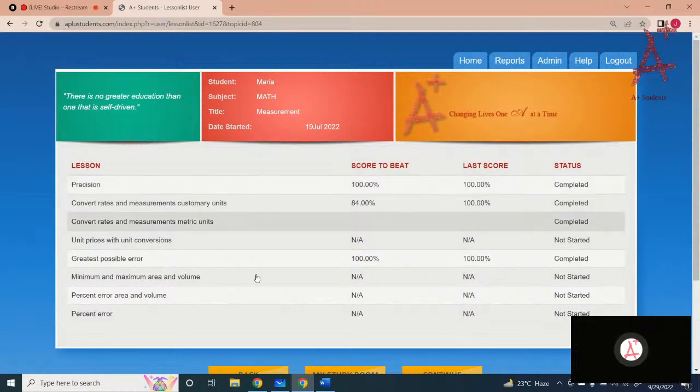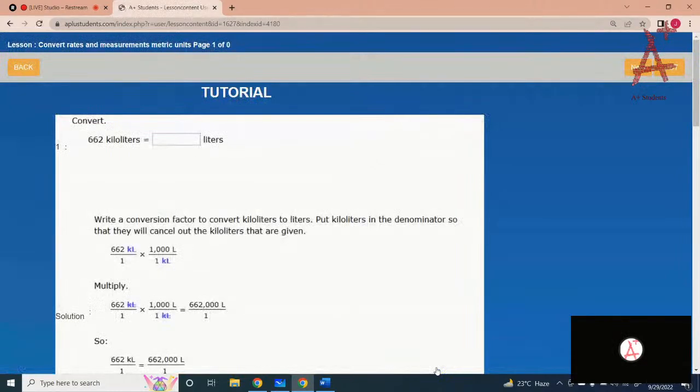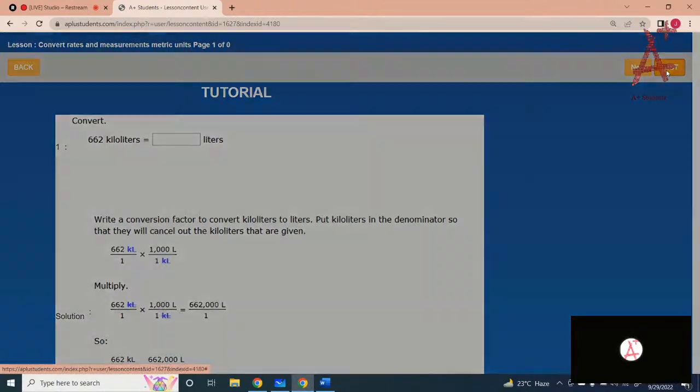So we are on conversion rates and measurements, metric units. Let's start with the test.